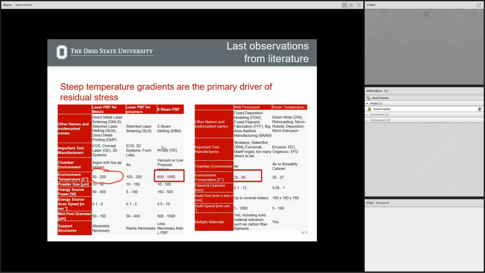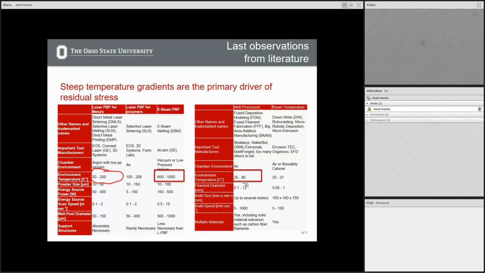So the advantage of a lot of these E-beam systems is that they work at really elevated temperatures in the 600 to 1000 degrees C range, and so the residual stresses that you build in the part are considerably lower with E-beam systems.